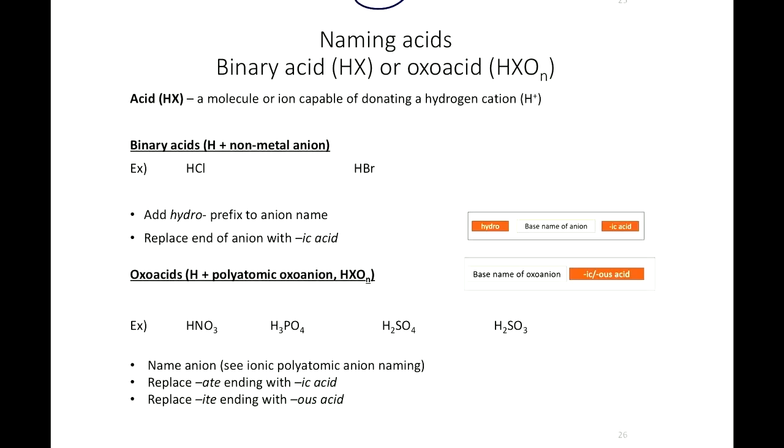So to name one of these, you take the anion. So in this case it's chloride, right? Because HCl is composed of H plus and Cl minus. So that's chloride. You're going to add a hydro prefix, but an ic acid suffix. So this becomes hydrochloric acid.